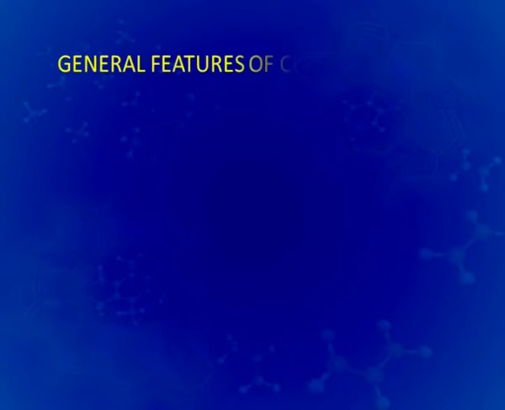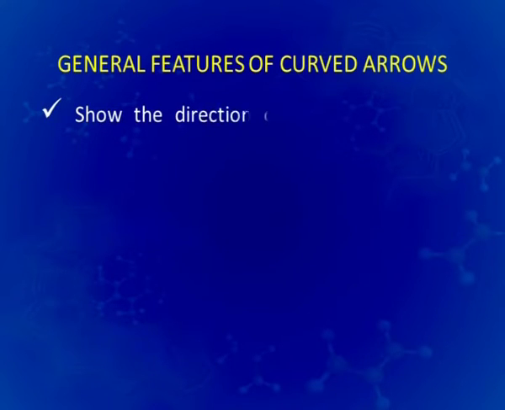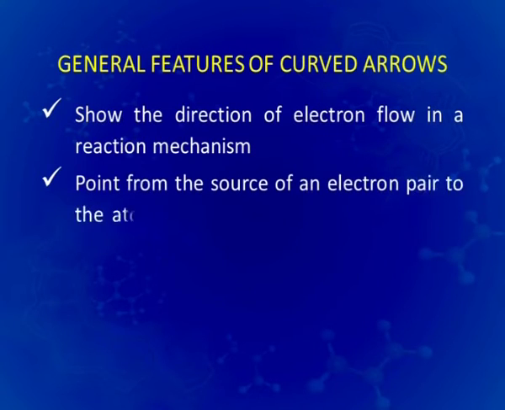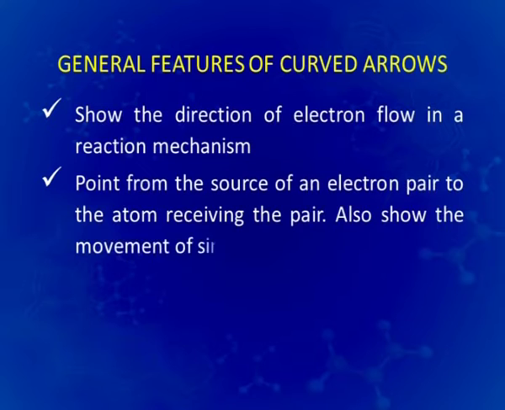There are some general features of curved arrows which can be listed. These show the direction of electron flow in a reaction mechanism, as we saw, and generally point from the source of an electron pair to the atom receiving the pair. Also, they show the movement of single electrons, wherein we saw the use of the half curved arrow.